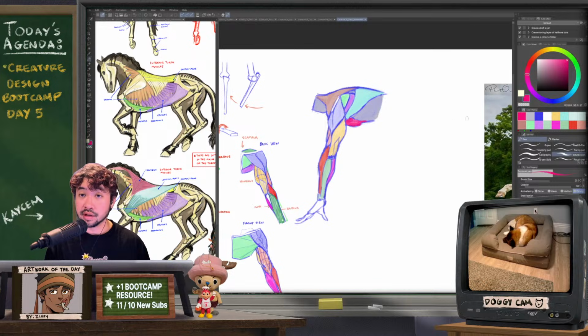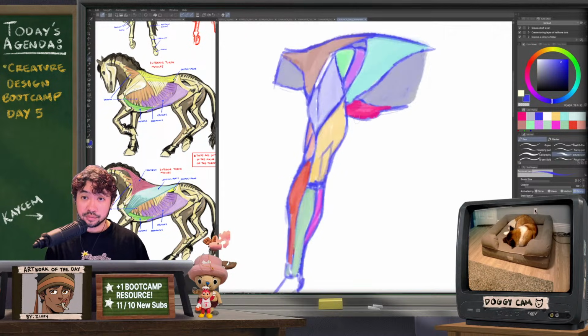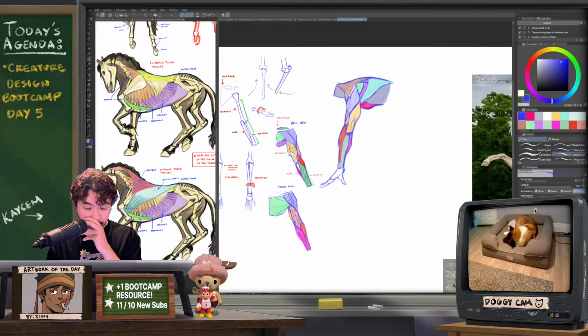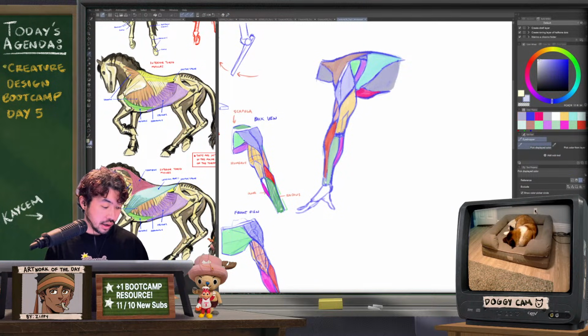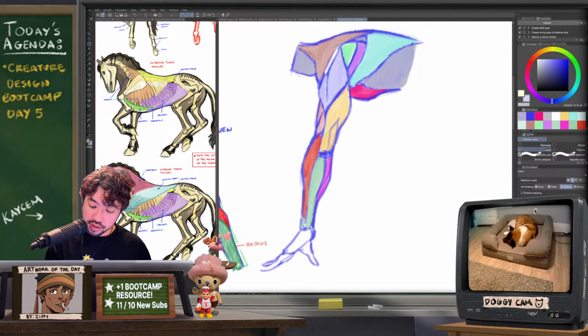Okay. That's going to be the pecs. Okay. So this right here is how we're going to be positioning our person, and how we can start thinking about quadrupedal animals.